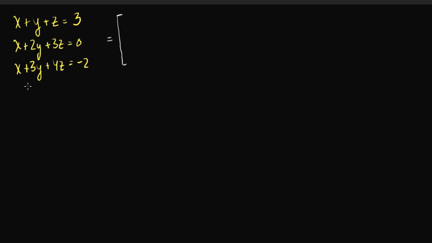The coefficients of the x terms are 1, 1, 1. Coefficients of the y terms are 1, 2, and 3. Coefficients of the z terms are 1, 3, and 4. And let me show that it's augmented. They equal 3, 0, 3, 0, and minus 2.